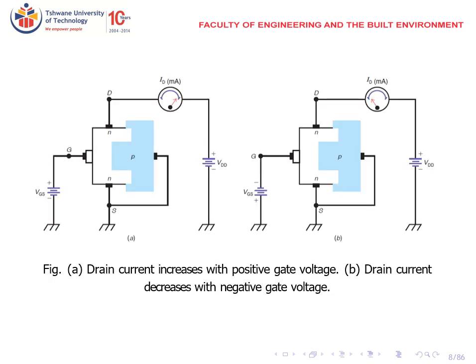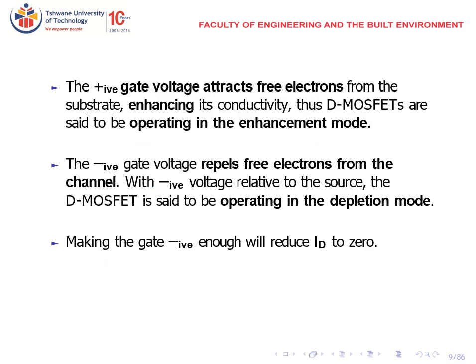Figure A shows that the drain current increases with a positive gate voltage. Figure B shows that the drain current decreases with a negative gate voltage. The positive gate voltage attracts the free electrons from the substrate, enhancing the conductivity.